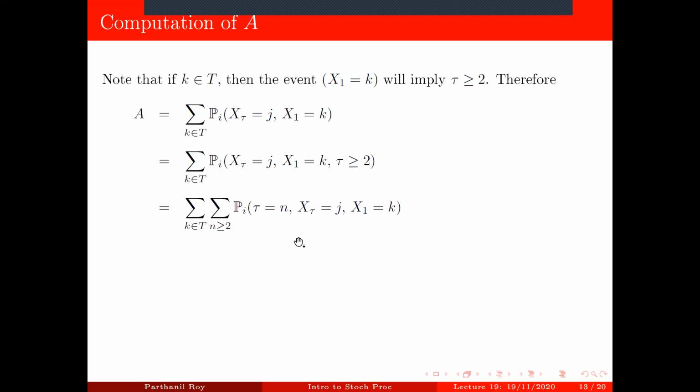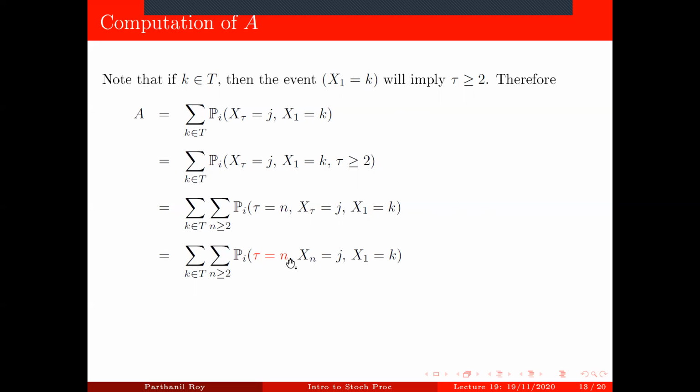Now, of course, tau bigger than or equal to 2 can be split into tau equals n, where n runs over 2 to infinity. So for each k, I have this sum inside. Now, tau is equal to n, so this X_tau would become X_n. Because of tau equals n, I can replace X_tau by X_n.